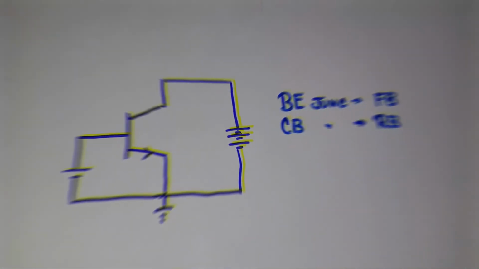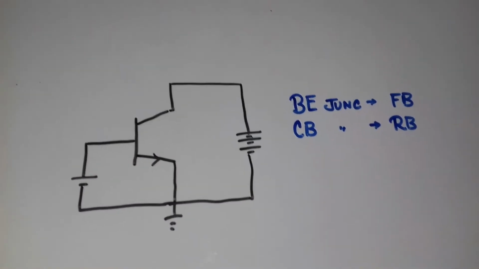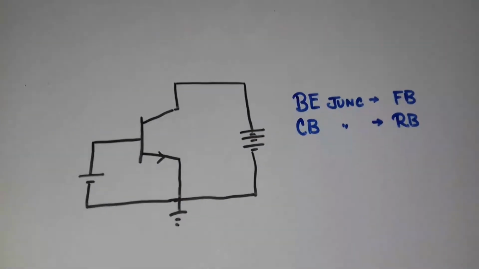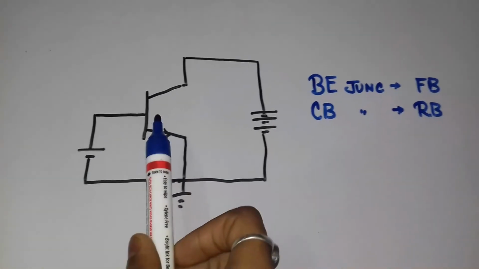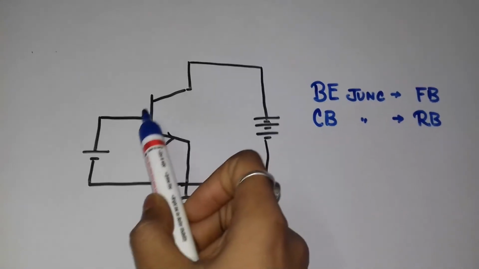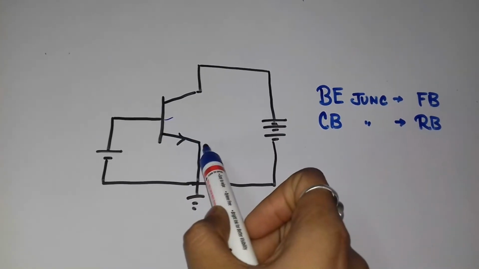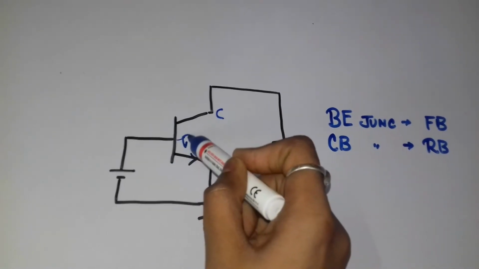And at last, why is the transistor called a transistor, that is, why is it named so. You see, the current is transferred from the emitter base junction to that of the collector base junction, that is here. The current is transferred from emitter to collector through base.